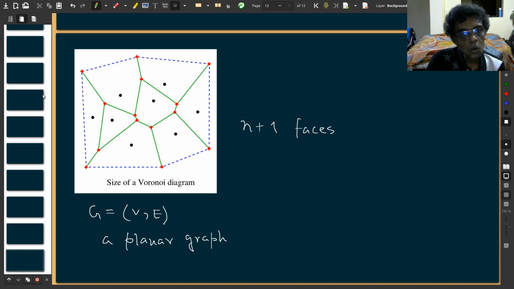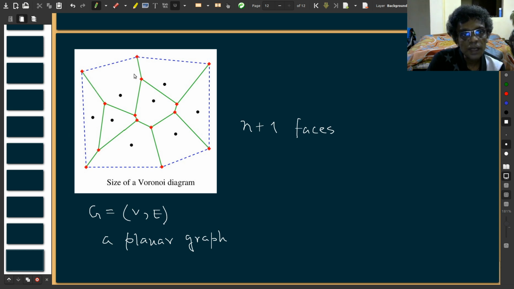Moreover, since no 4 or 5 or 6 points are lying on the same circle, you see that the degree of each vertex in the graph is 3. This is 3, this is 3, this is 3, and so on. Here also it is 1 and this boundary.